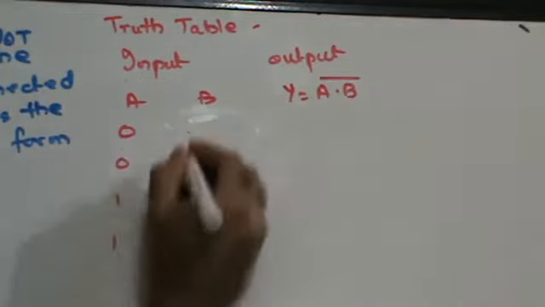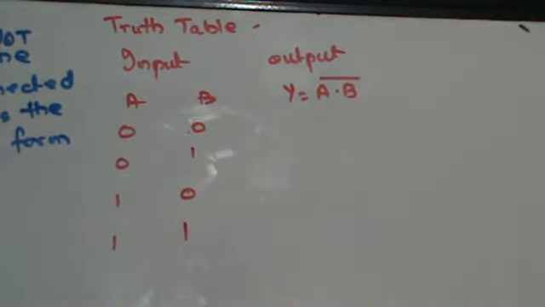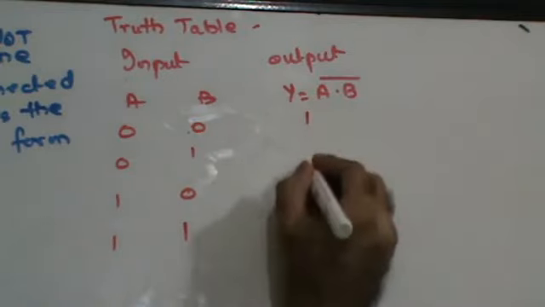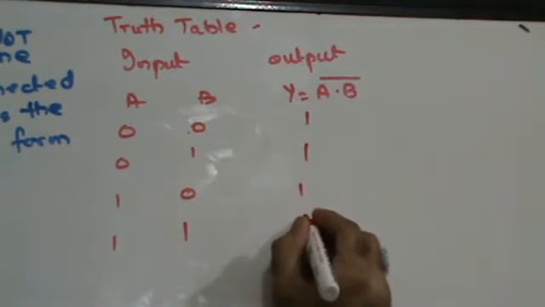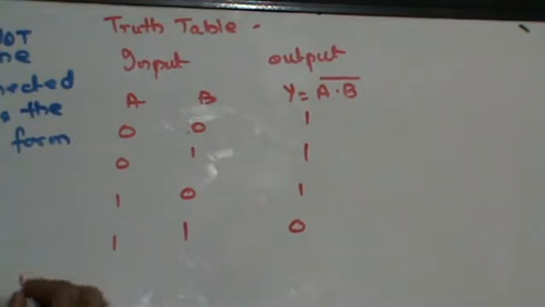0, 0, 1, 1, 0, 1, 0, 1. Right? So your output will be 1 if any of the inputs is low, and if both are high, only then your output will be low, right? So how do I define this?